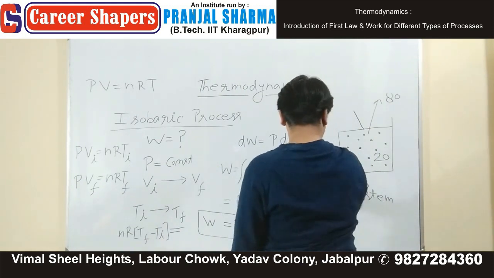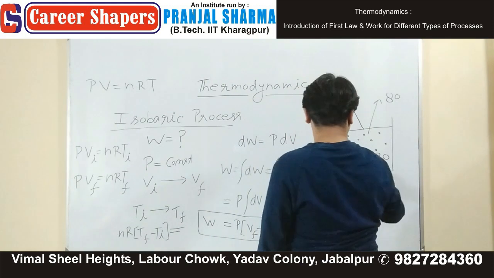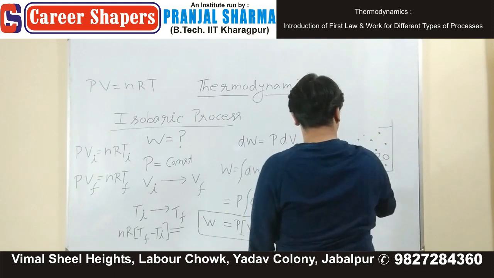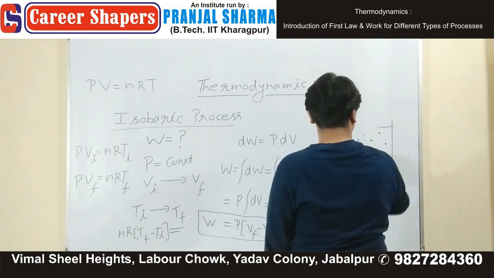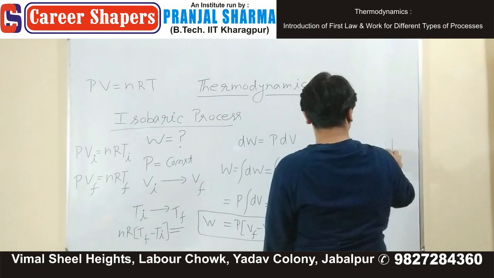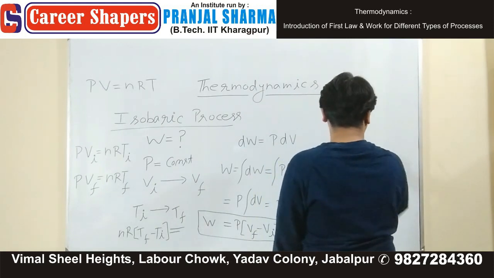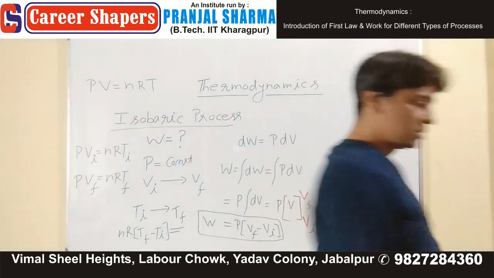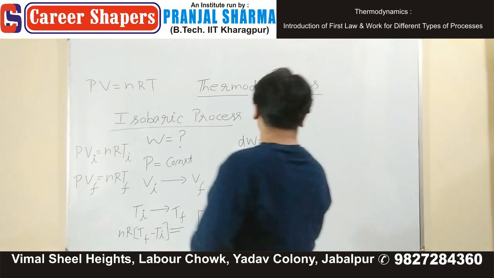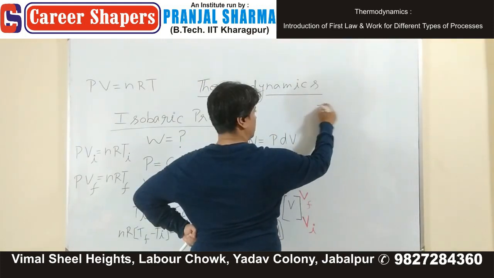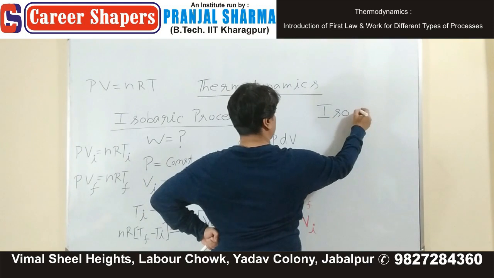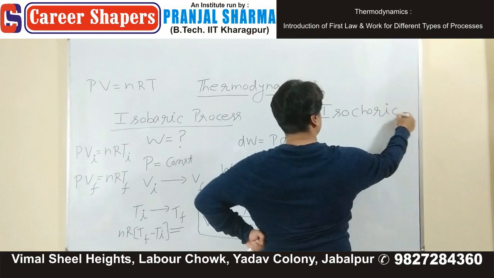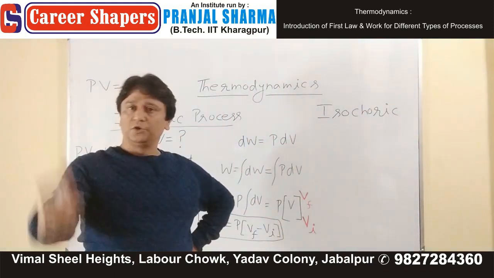In an isochoric process, pressure changes from P initial to P final, and temperature changes from T initial to T final.